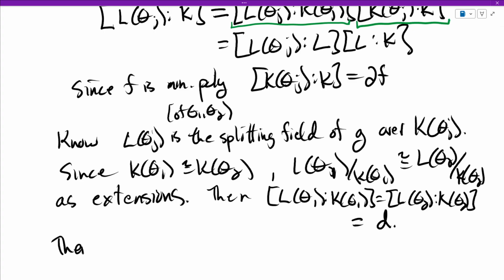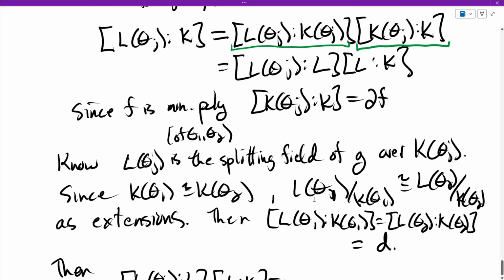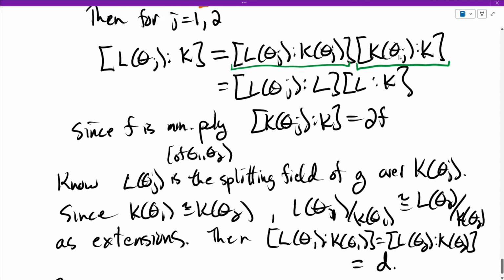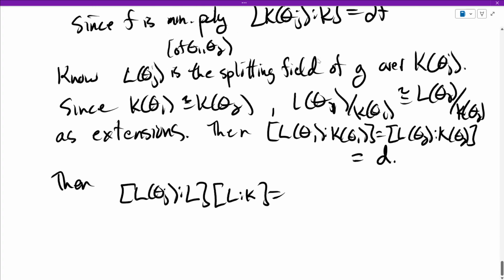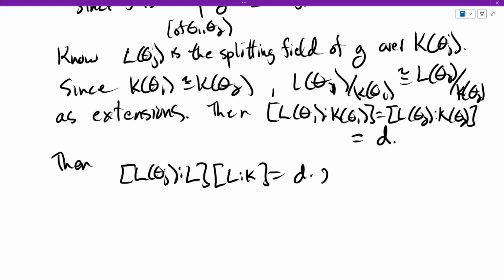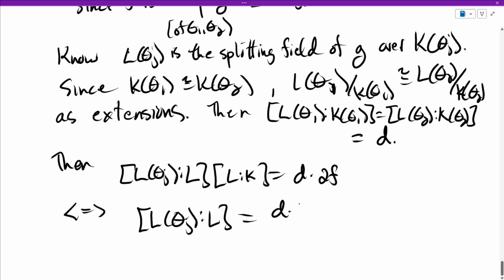So what did we learn here? We learned that the degree of L of theta j over L times the degree of L over K is equal to the degree of f times D. Or equivalently, the degree of L of theta j over L is D times the degree of f over the degree of L over K. Whew.